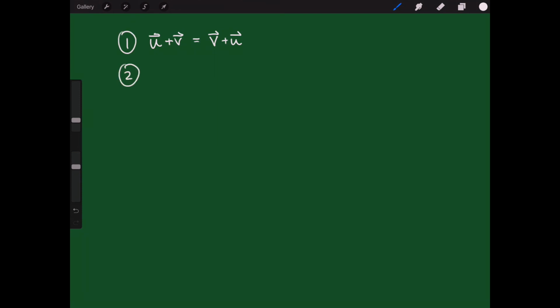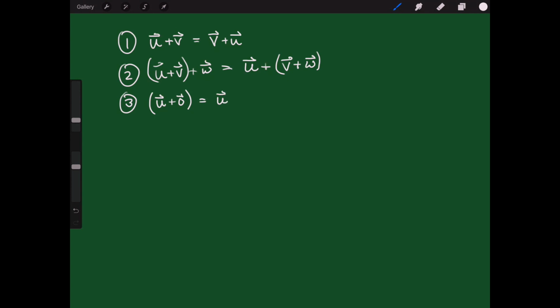Second, we have that u plus v plus w is the same as u plus v plus w, with the grouping changed. In other words, the associative property holds. Third, if you add the 0 vector to any vector, you just get the original vector.